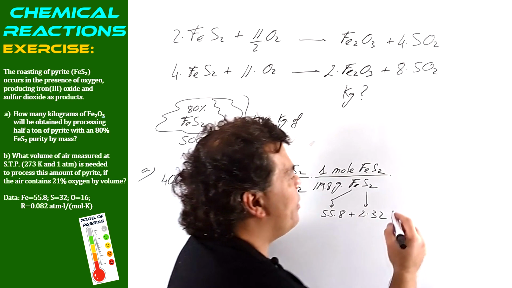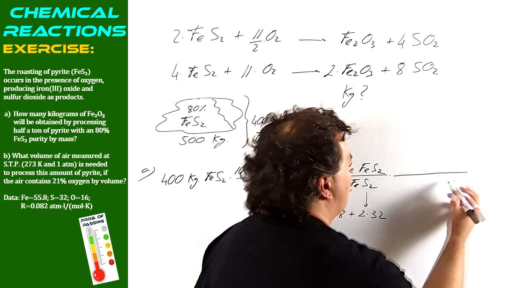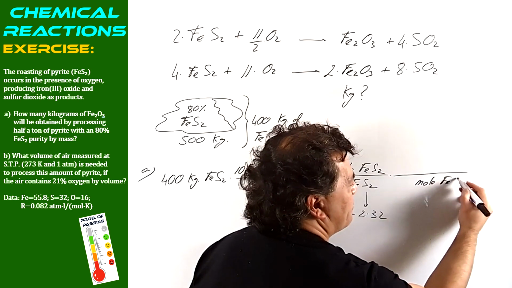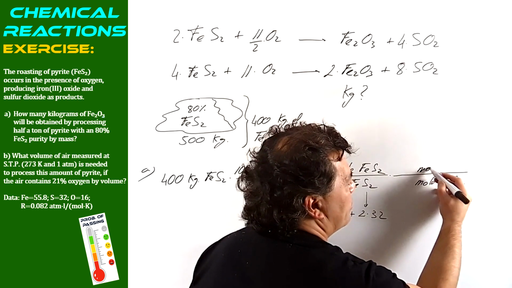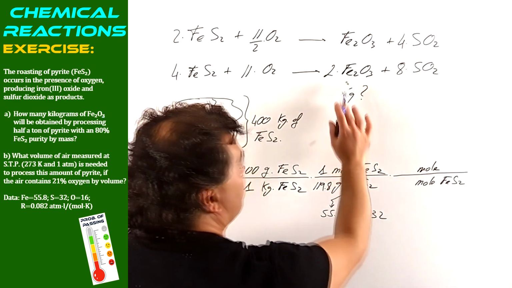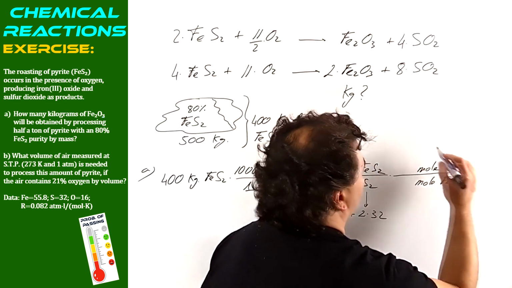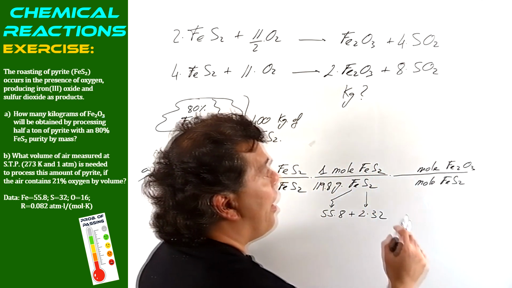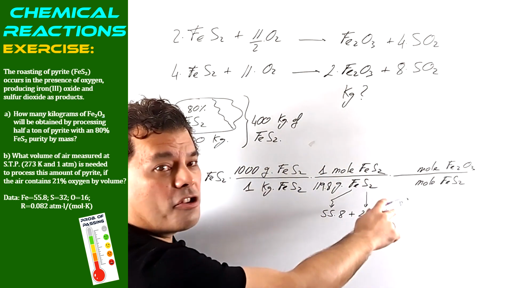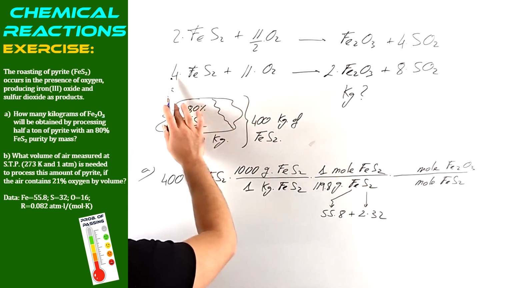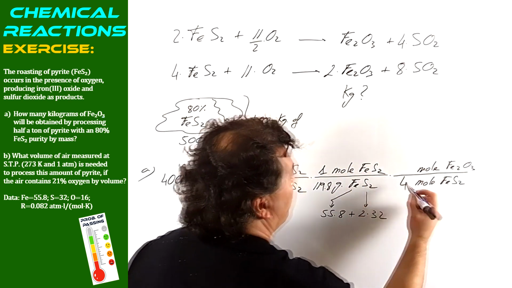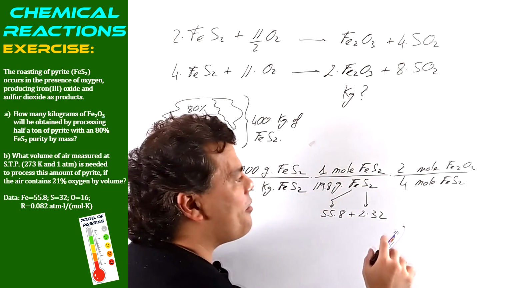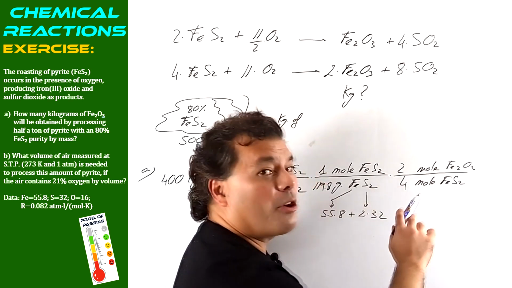The next one will help us to move from moles of pyrite to get into moles of iron 3 oxide. And there comes the stoichiometric coefficients, that is 4 for this one and 2 for the other one. Okay, now we are moving in iron 3 oxide.